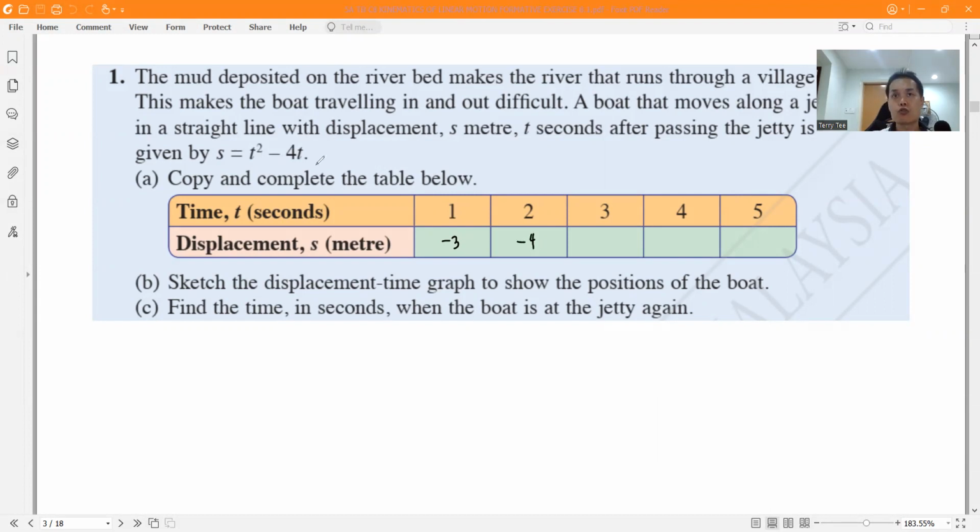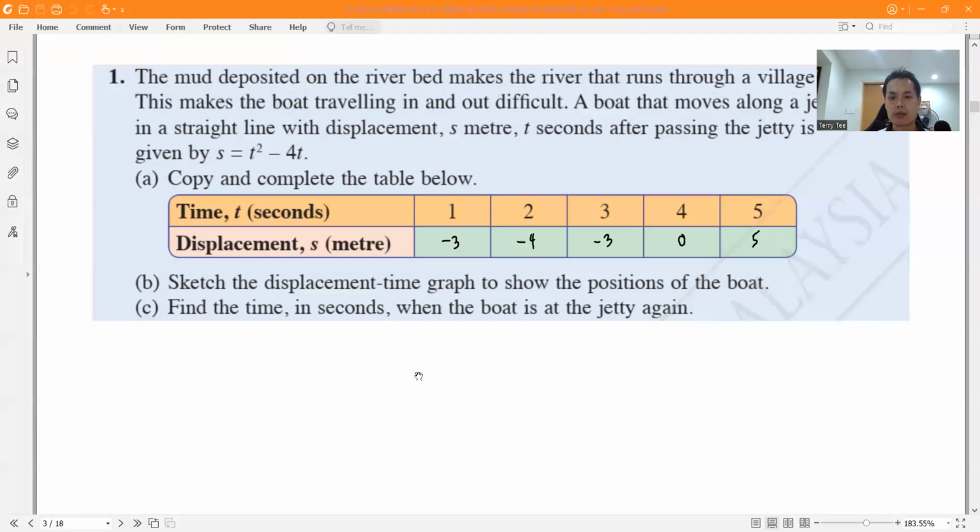Then 3 squared is 9, 9 minus 4 times 3, 9 minus 12, gives -3. If I put 4 inside, 4 squared is 16, 16 minus 4 times 4 gives us 0. Lastly, 5 squared is 25, 25 minus 4 times 5, which is 20, so 25 minus 20 gives 5. We can do it that way.